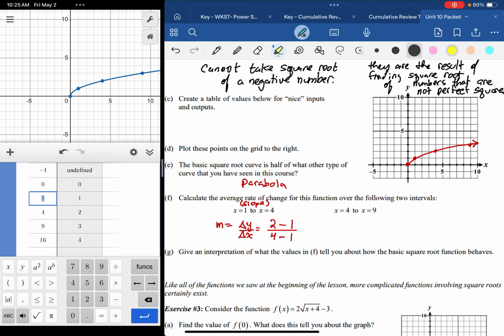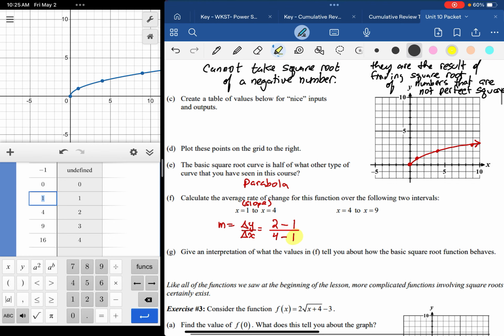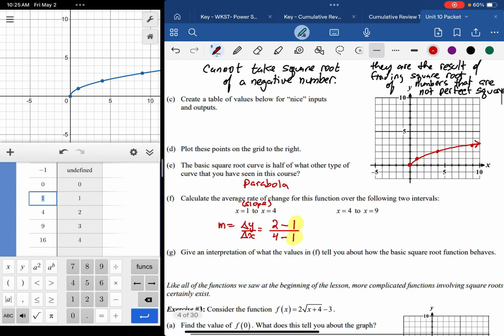So these are my x values. This 1 corresponds with this 1. This is an x, and this is the y, the y value at the x value of 1. And it holds true also for this pair here. Again, this is an x value, and this is the y value that goes along with it.